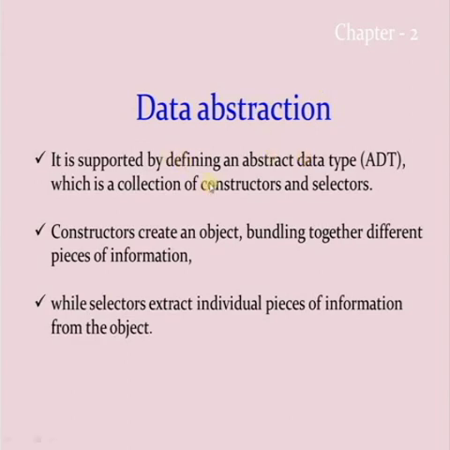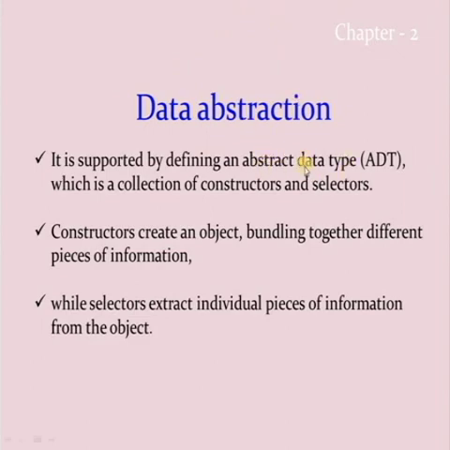You know very well that to define an abstract data type, we need the collections of constructors and selectors. Data abstraction means providing only the essential things and hiding the detailed procedures. That is said to be data abstraction. That data abstraction concept is supported by abstract data type.